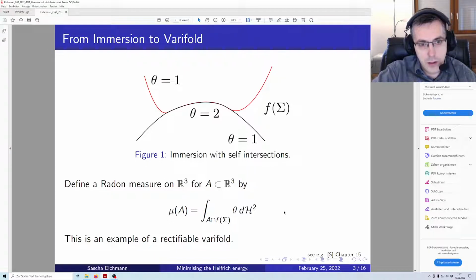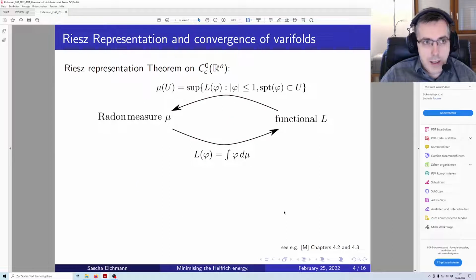So now, instead of working with an immersion, we have a Radon measure. And why is this useful? Because now we can define a convergence for these immersions, essentially. And how do you do that?